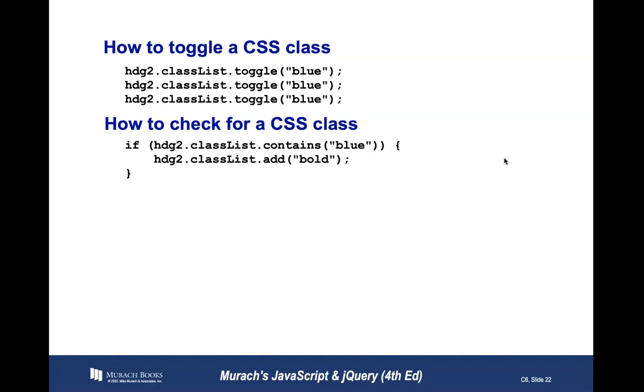And you had an event that would toggle it. When you toggled blue, it would remove the class, re-add the class, remove the class, re-add the class. And you can always check for that CSS class to see if the toggle's working by using contains. So if heading2 classList contains blue, well, let's go ahead and add bold. And if not, let's remove bold.